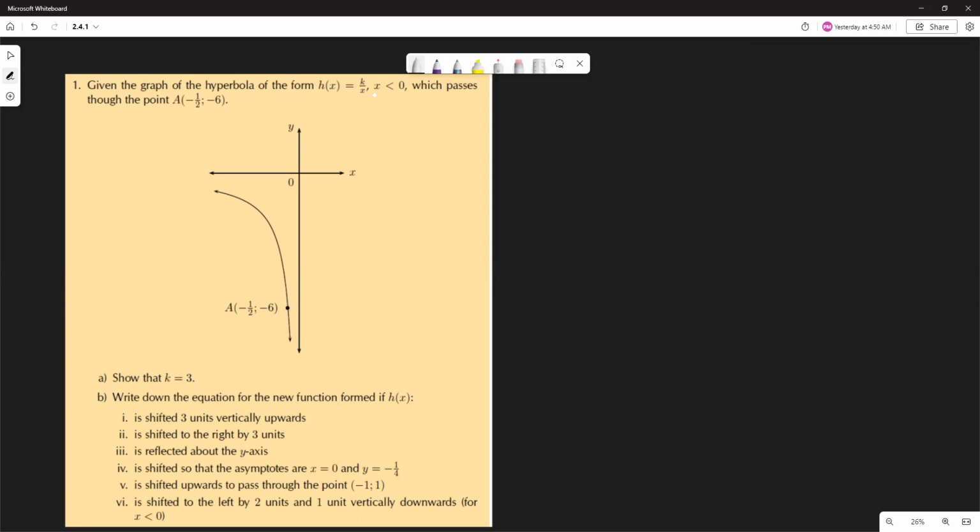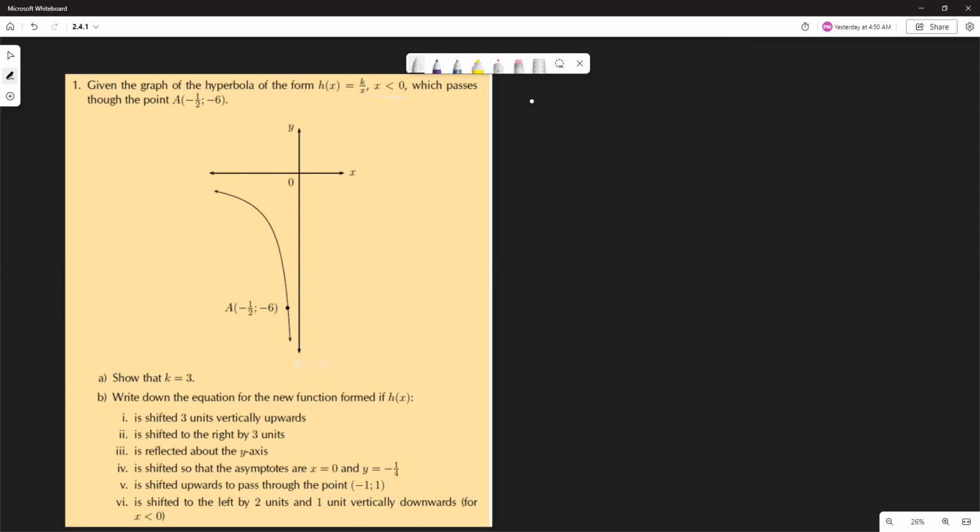And this part is indeed true because the line x equals 0 is right on the y-axis, so we are on the left, because the x values here are less than 0. Perfect. So now we're going to answer the questions.